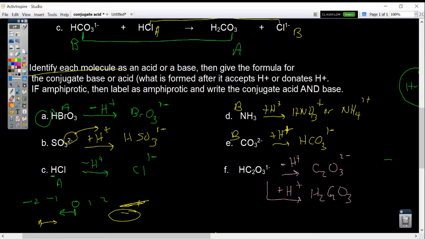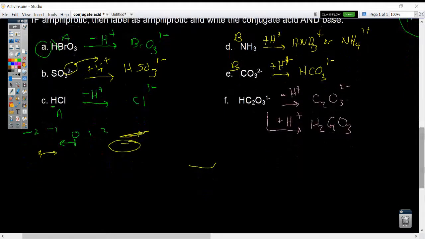Is that what's going on? And you would say, yeah, that's perfect, man. Both are going on. Okay? It has an H that's donatable, so it could act as an acid. It's negative, so it could attract an H. So yeah, that species could act as a base. These things are called amphoteric or amphiprotic.